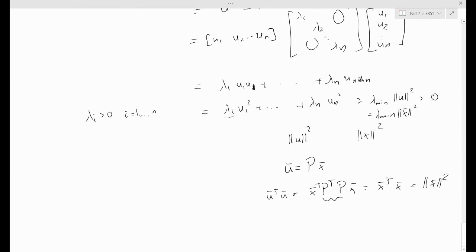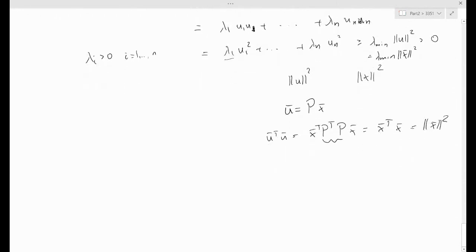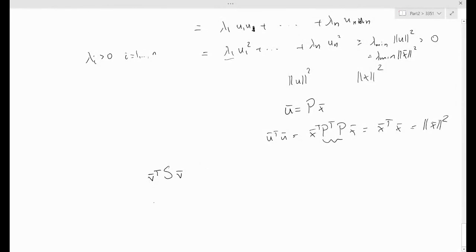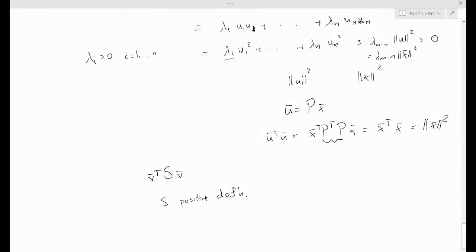Okay, so this is actually a pretty important proof. It's used in McCohen's class to prove the second derivative test, that if you have v as v and S is positive definite, then this is greater than or equal to some number.